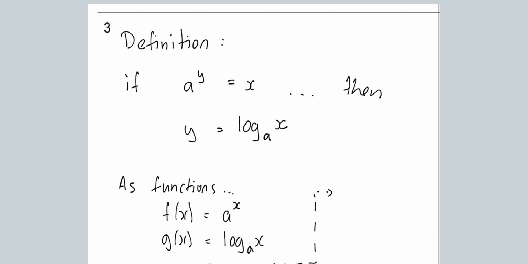In the olden days, you would have a book of common logarithmic values, and you would consult the book to work out what the logarithm was. There are certain logarithms you could work out based on just your general knowledge of powers, but there are certain ones that you couldn't work out.